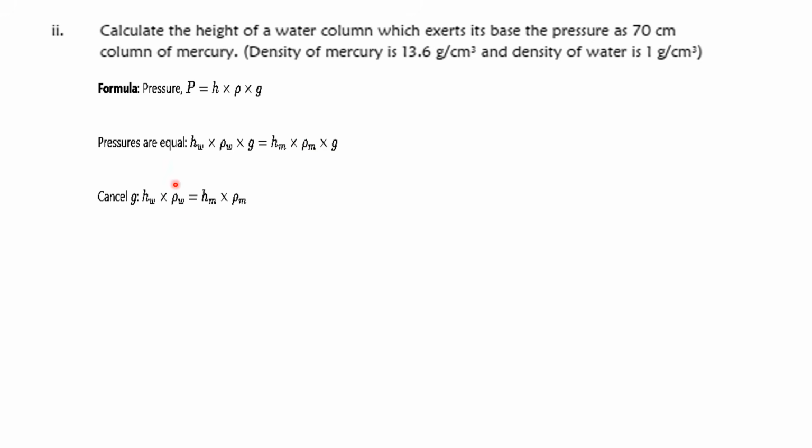So the rest we just substitute. Do we know the value of HW? No, that's the one to calculate. But at least we know the density is 1 gram per cubic centimeter. The height of the mercury we do know, it is 70 centimeters, and the density is also known, 13.6 grams per cubic centimeter.